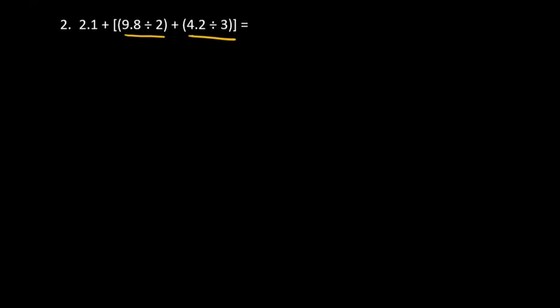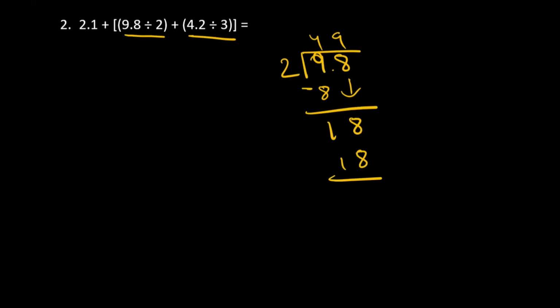Okay, so 9.8 divided by 2. 2 goes into 9 4 times, and then we drop down, and then we subtract. We drop down the 8, and then 2 goes into 18 9 times with no remainder, and we add the decimal point. So I'm just going to write this here, 2.1 plus 4.9 plus, okay, we need to find 4.2 divided by 3.